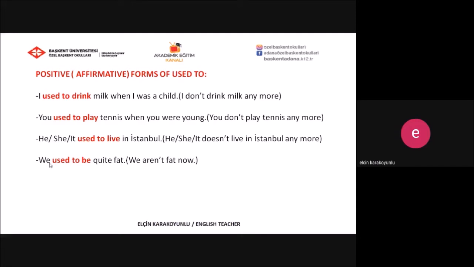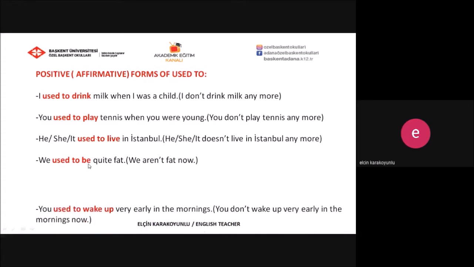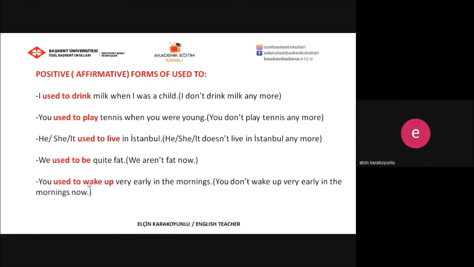First the subject, and then used to, and the bare infinitive form of the verb. And the other one is, you used to wake up very early in the mornings. And the last one is, they used to be very lazy at high school.